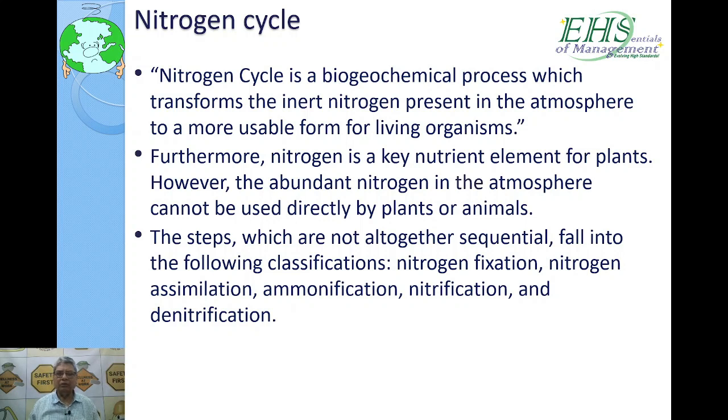Friends, we will not go into all the chemistry. It's very complex chemistry, so we will just try to know. So there are these different steps: nitrogen fixation, nitrogen assimilation, ammonification, nitrification and denitrification.